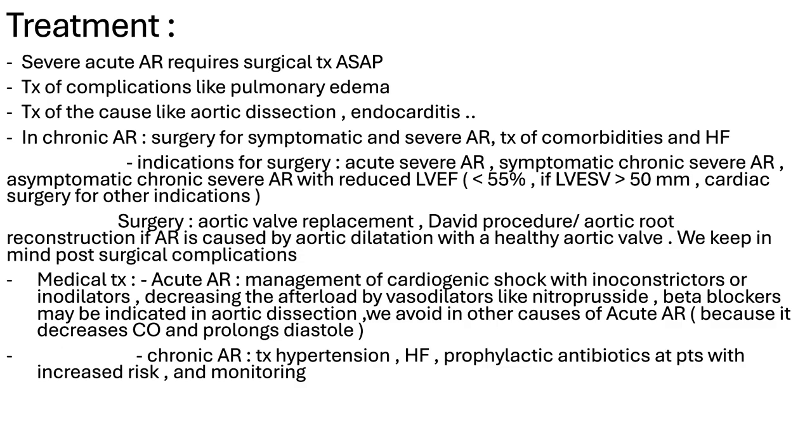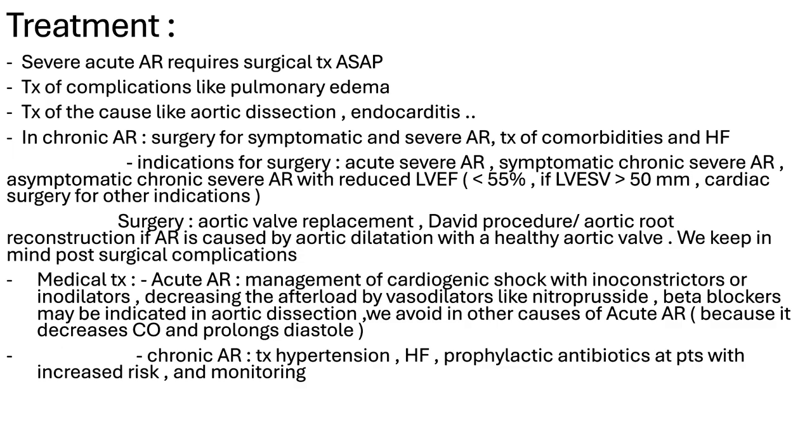Now coming into chronic aortic regurgitation, we can also use surgery for symptomatic and severe aortic regurgitation. Usually surgery is indicated in either symptomatic chronic severe aortic regurgitation, or asymptomatic chronic severe aortic regurgitation with reduced ejection fraction less than 55%, or if the left ventricular end-systolic diameter is more than 50 millimeters.